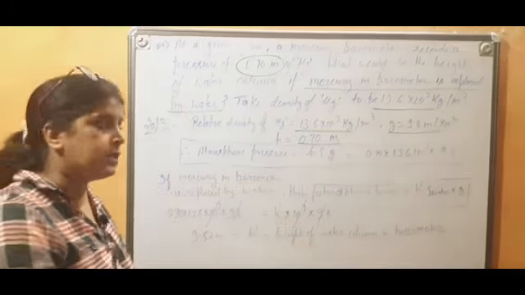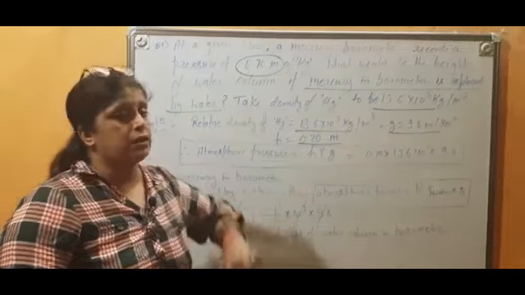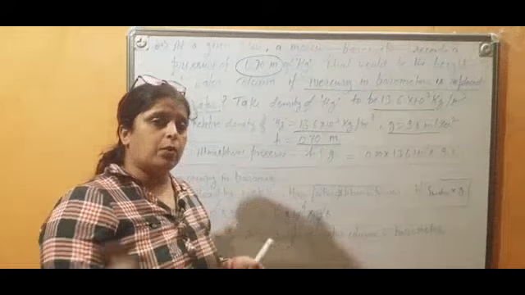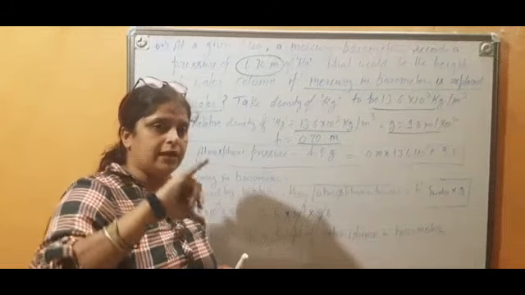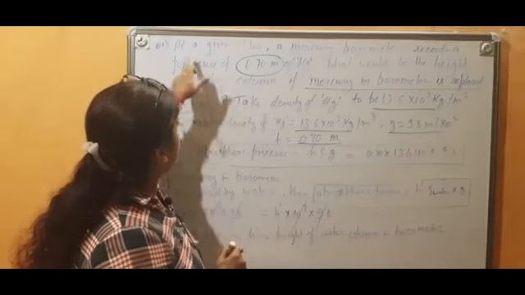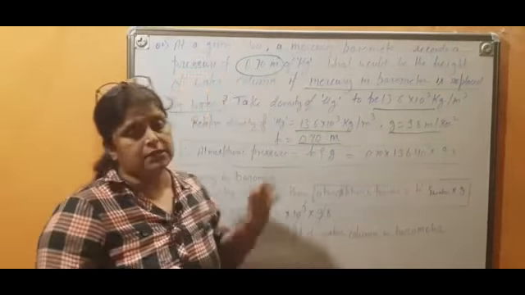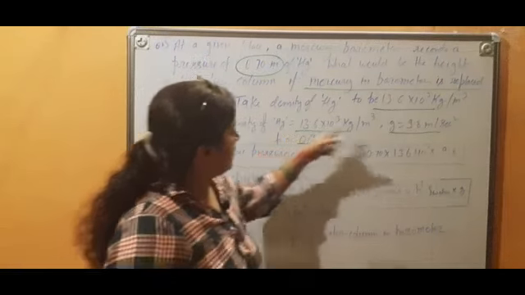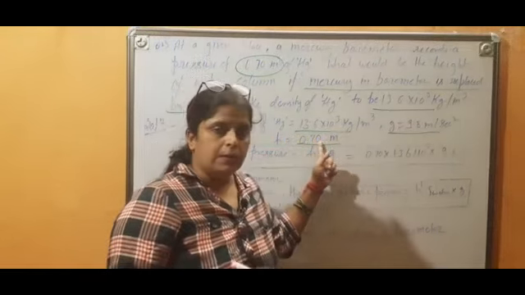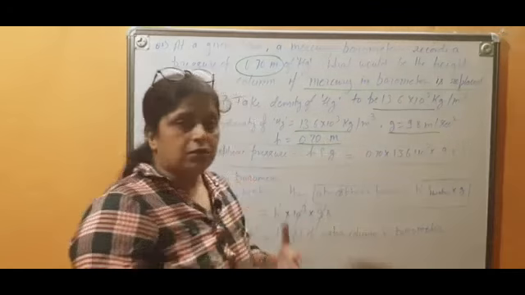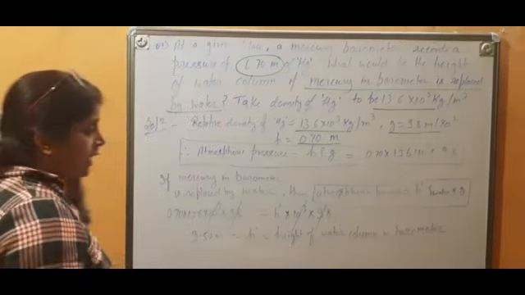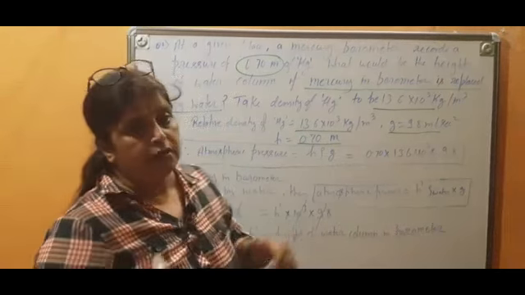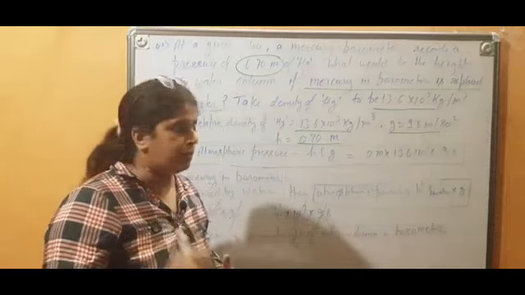We want to replace mercury, and in place of mercury we will take water. Then what will be the height? Because there is no change in the atmospheric pressure of any place, that will remain the same. So first of all, with the help of the given data, we will find out the pressure, and then we will try to find the height of the water column in the barometer.